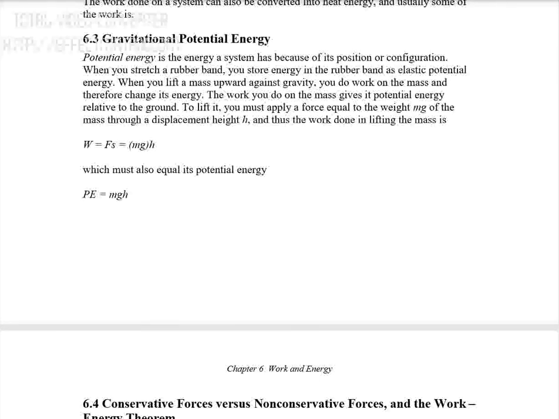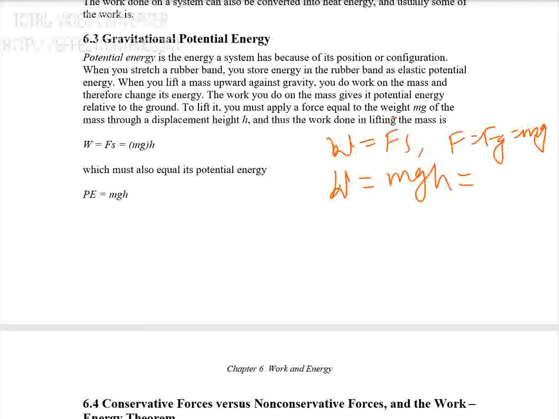As you know, work is force times displacement, and in this case the force is the force of gravity, which is mass times gravity. Therefore, work done by gravitational force is equal to mgh, and this is equivalent to gravitational potential energy. Therefore, potential energy is equal to mgh.